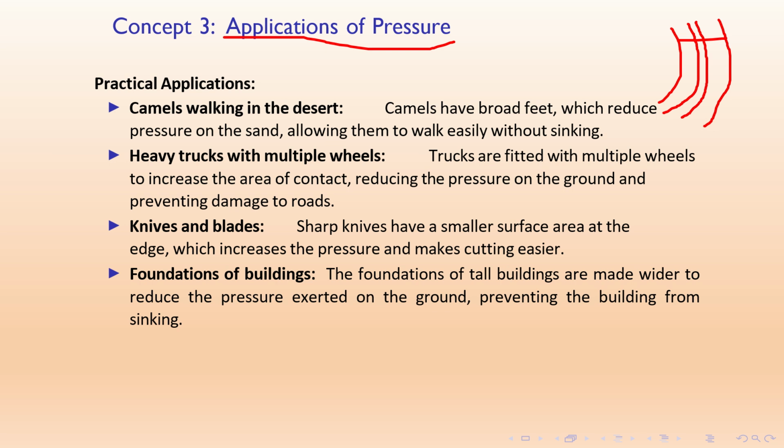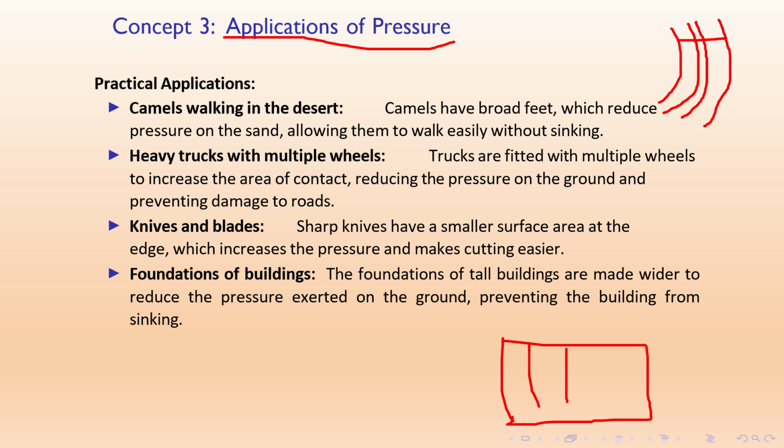The next one, foundation of the buildings. Means if you see, when they are laying the pillars for construction of houses or multi-storied buildings, at the floor they will keep a very large foundation, means they keep a large area in this way, so that the pressure acted by that pillar will be very less.